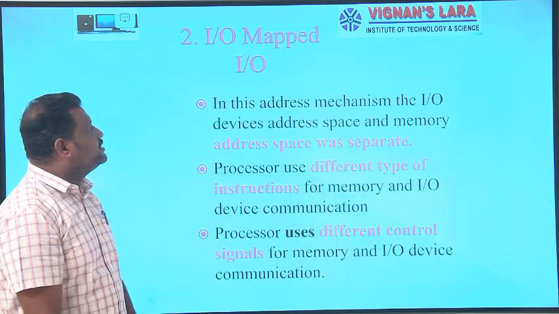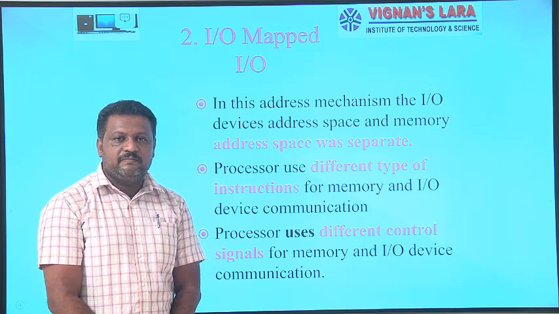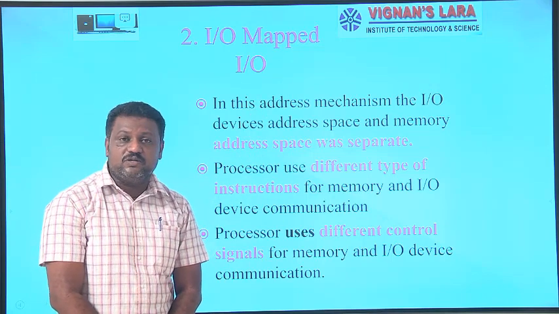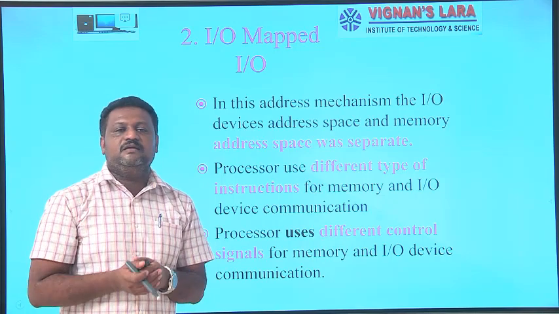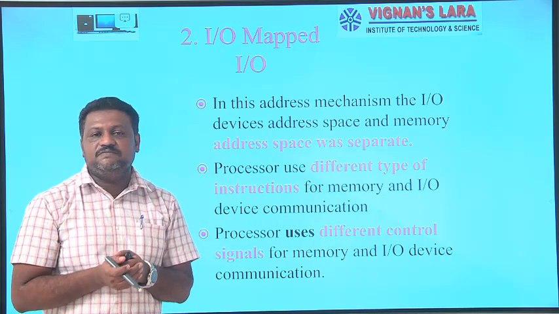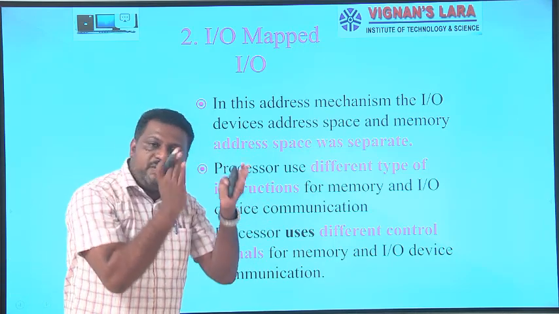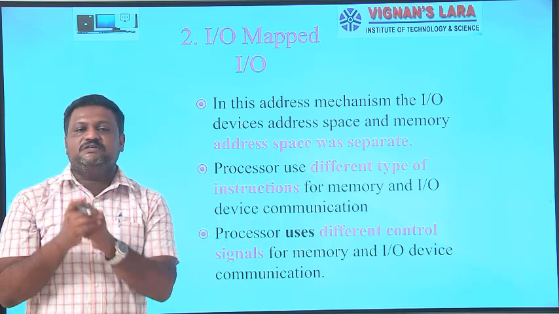Now I shift to the second one, IO mapped IO. This we can also call isolated IO. That means the address space is not shared by memory locations and IO devices. That means your memory address space is different from the IO device address space.